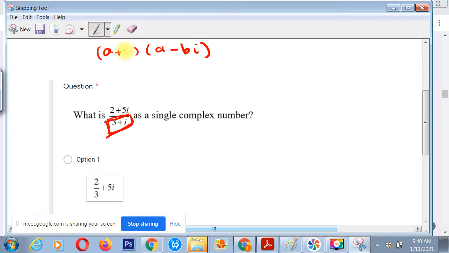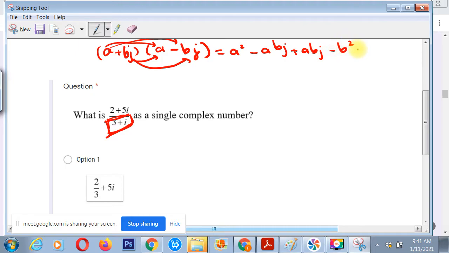A lot of questions use j, so bj and minus bj. So what we'll have is a square, and then negative abj, plus abj, minus b square j square.